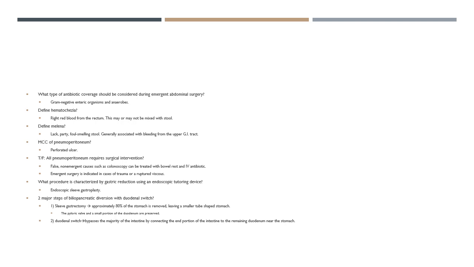Remember, this is different than the endoscopic sleeve gastroplasty, because here the stomach is actually being removed, so it's a gastrectomy. And then you're going to have the duodenal switch. This is going to bypass the majority of the intestine by connecting the end portion of the intestines to the remaining duodenum near the stomach. So essentially, the first part, you're going to chop down the stomach, make about 80% go away.